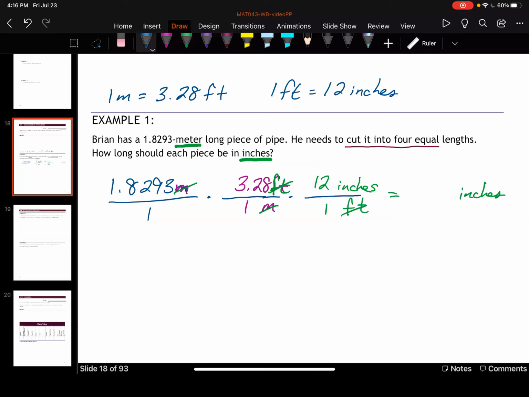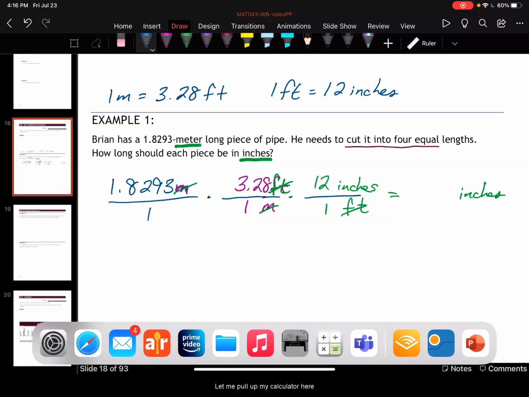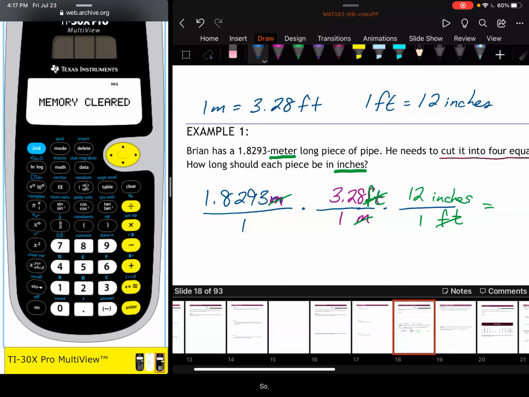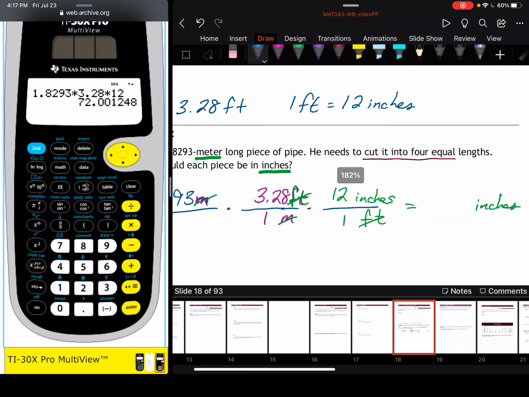So then for fractions, remember we just multiply straight across. So let me pull up my calculator here. 1.8293 times 3.28 times 12 gives us 72.001248.